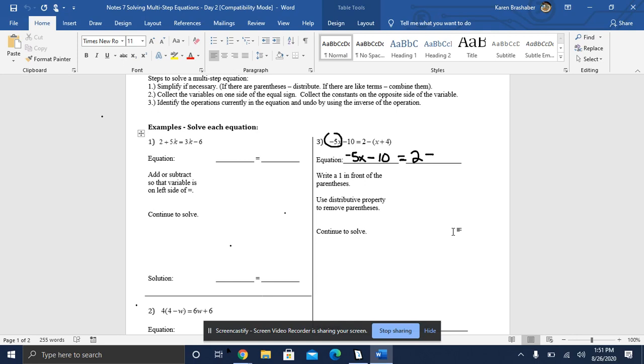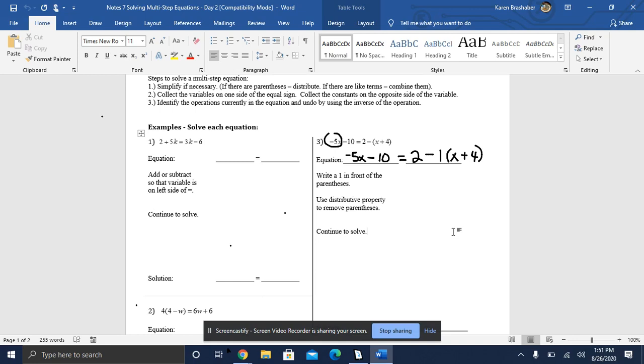Well, in front of that parentheses, I'm going to put a 1, because that's going to help me remember that I'm distributing a negative 1 when I get ready to remove the parentheses. So whenever you have a negative sign in front of a parentheses like that, it's helpful to put a 1 in front of that parentheses. All right, again, carefully write down your problem.